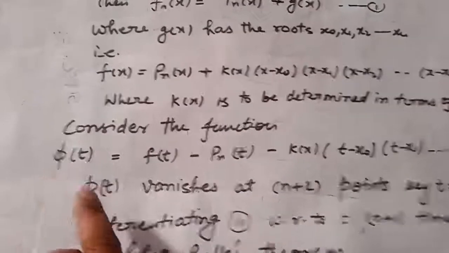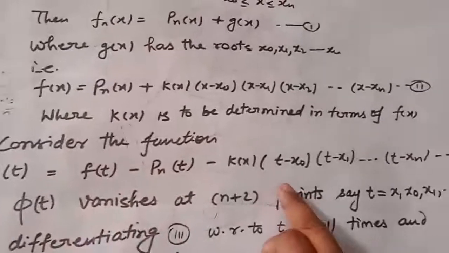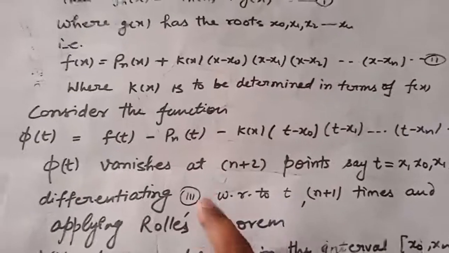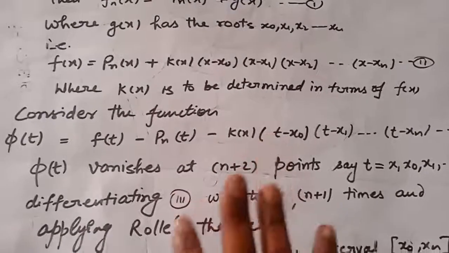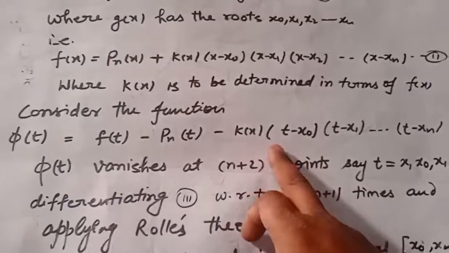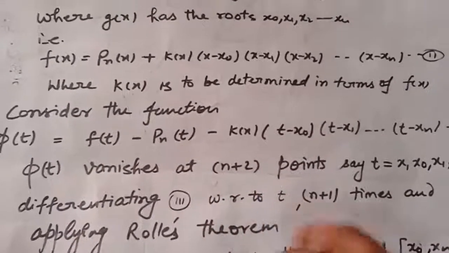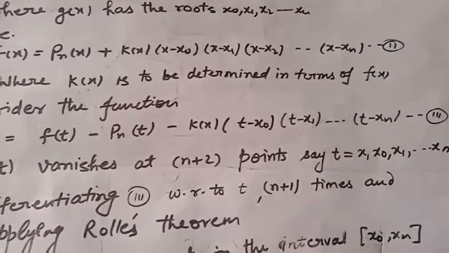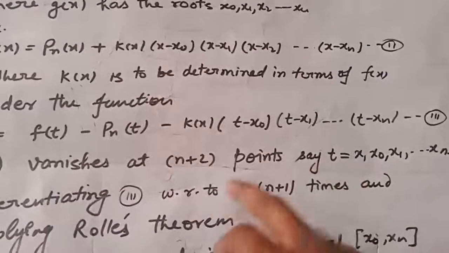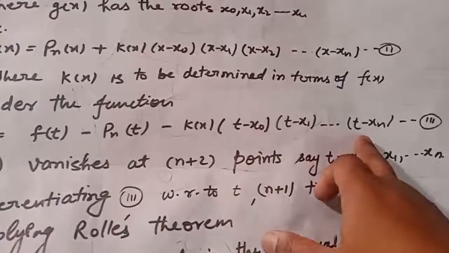We define a function phi(t) as the difference f(t) minus Pn(t) minus k(x)(t minus x0)..., and this equation can be formed. And phi(t) vanishes at n+2 points, meaning that it is a function in t, so if you differentiate it n+2 times, then its derivative becomes 0. The points will be x, x0, x1, x2 and xn.